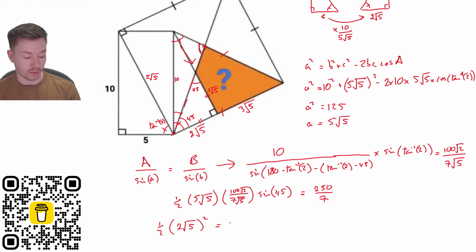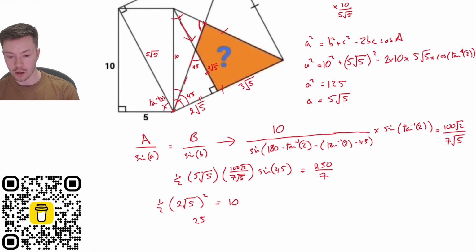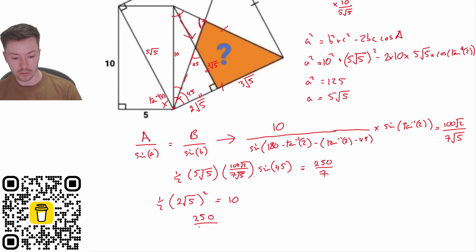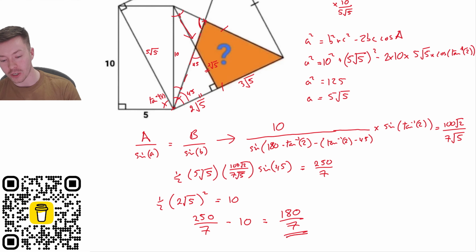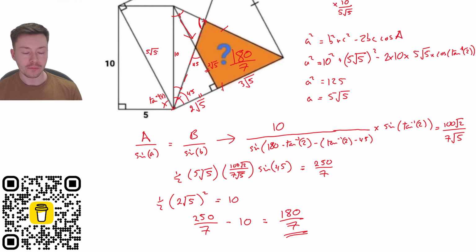That's going to give me an answer of 10. Now, taking that away, I've got 250 over 7 take away 10. That gives me an answer of 180 over 7, which is my final answer and the answer to the area of this orange section.